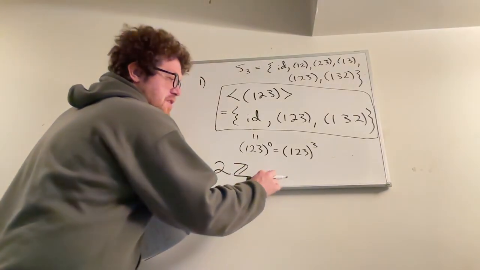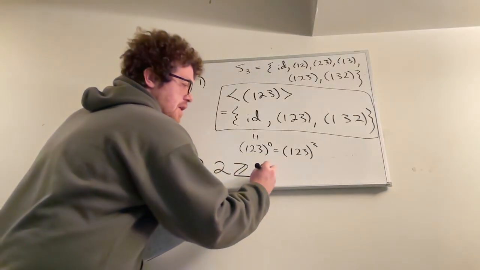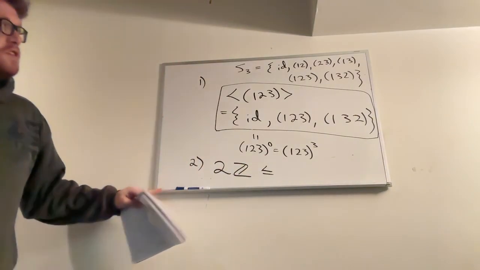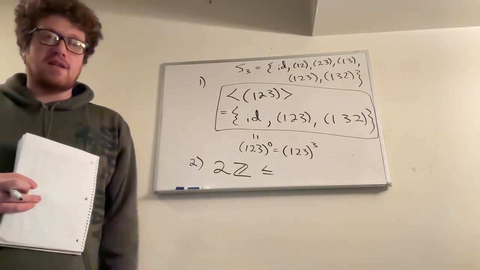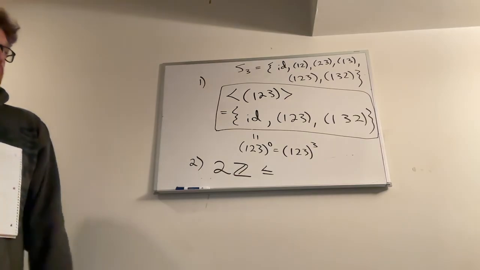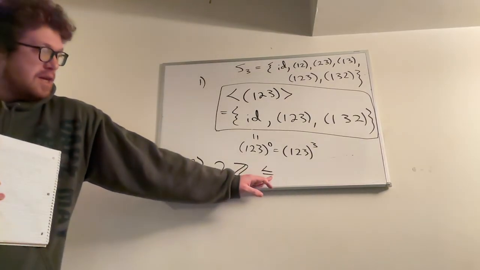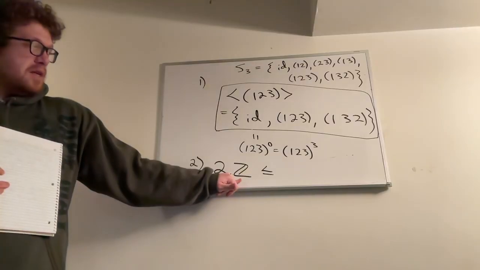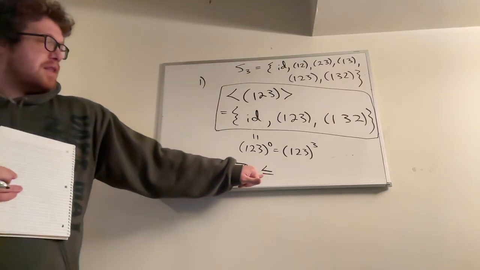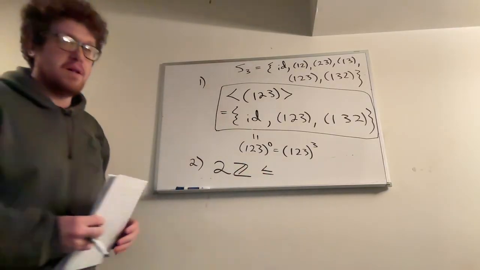And we'll also write subgroup sometimes this way, with a less than or equal to sign, whereas the subset symbol is usually a semicircle with a line under it. So this is a less than or equal to sign. This means subgroup. 2Z is the even integers under addition, and the statement is that this is a subgroup of all integers.